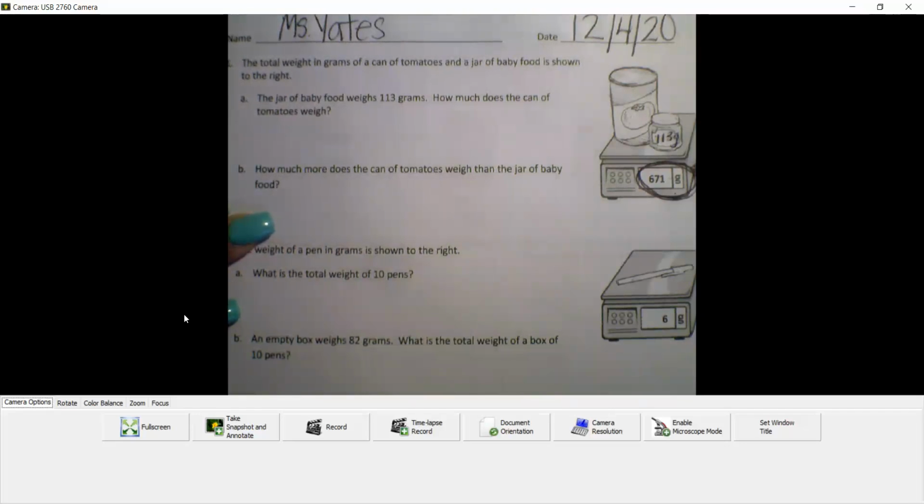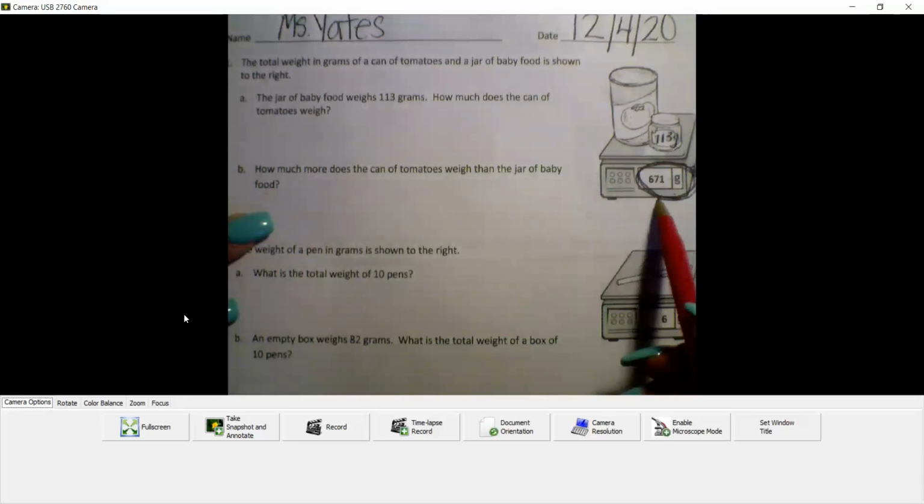Is this an addition question or a subtraction question? Think about it. We already have the total of how much both the tomatoes and the baby food weigh together.